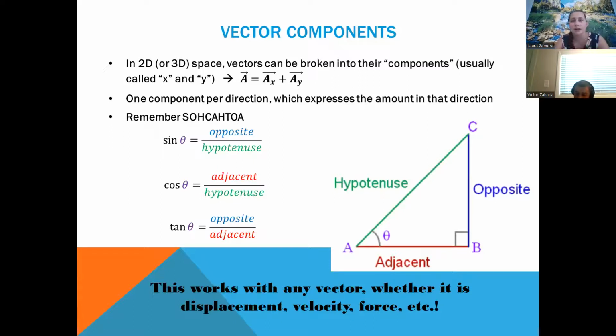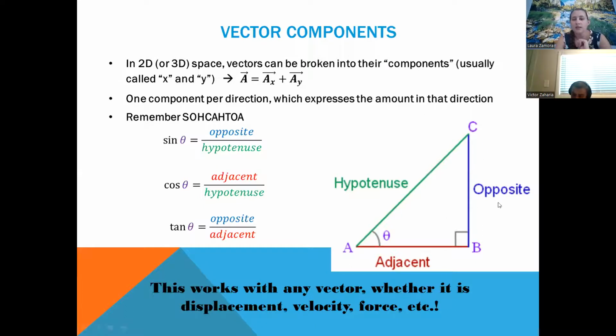So the way that we'll see that written out in a formula would be vector A equals its x component plus its y component. However, like I said, we can't just add those numbers together. We can't add the magnitudes together because these are vectors. The direction must enter in to our equation.